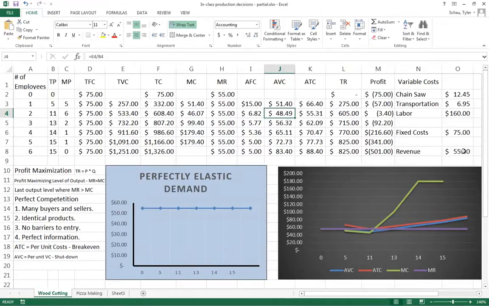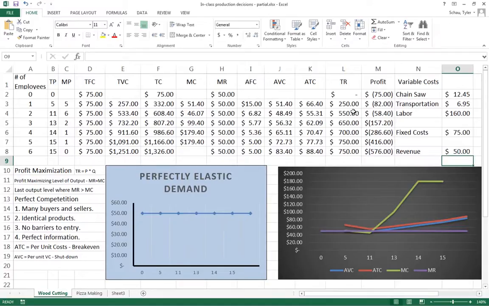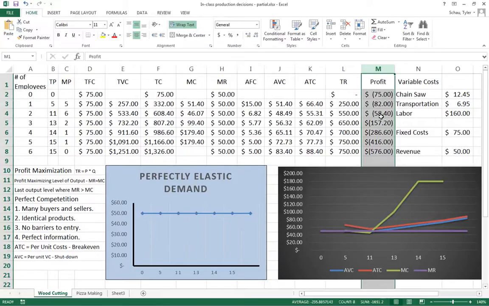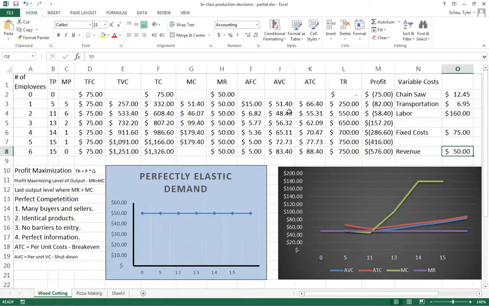Okay, so let's pull this number down to $50. Right? It's below the lowest point of the average total cost curve, which means I know I'm going to lose money, and if you look at my profit, I am. But there again, I would rather lose $58 than shut down and lose $75. Okay. Now take this below that, take it down to $48.